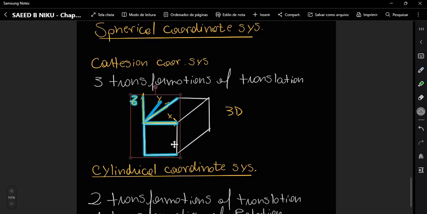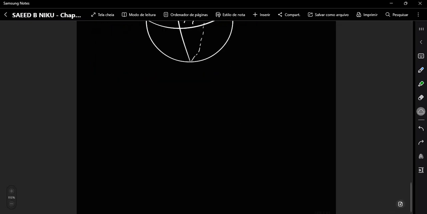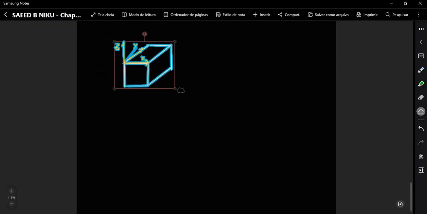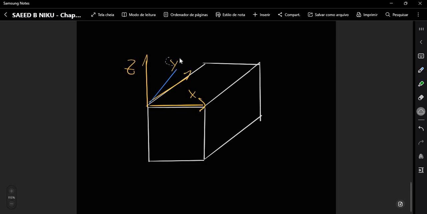Let me copy this. So I'm gonna copy, and also, I'm doing this in real time as I'm recording this video, so I'm not so sure. But for example, we have this robot arm.